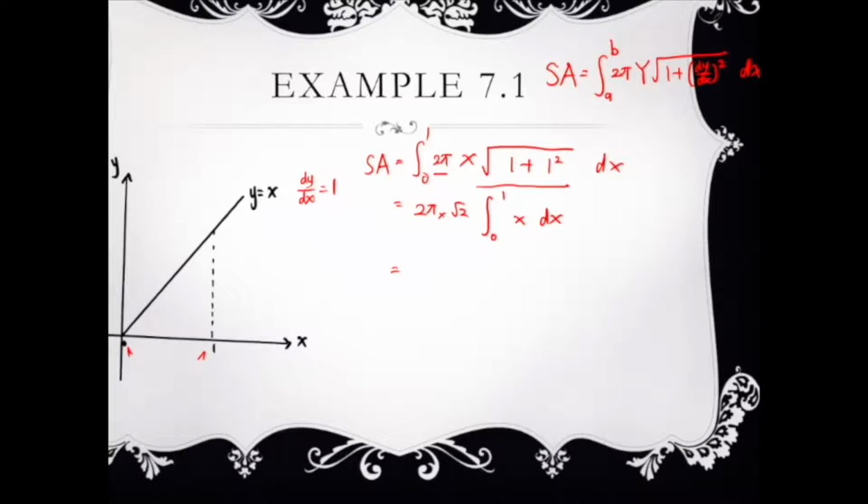And then it becomes 2π root 2 times x²/2 from 0 to 1. And the answer is 2π root 2 over 2, and the 2s cancel each other, minus 0, which is π times root 2.